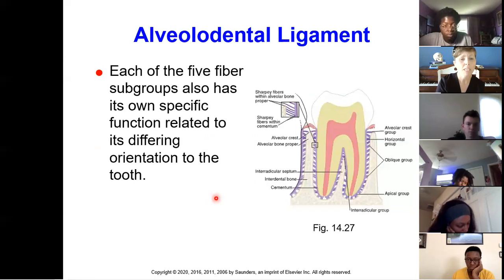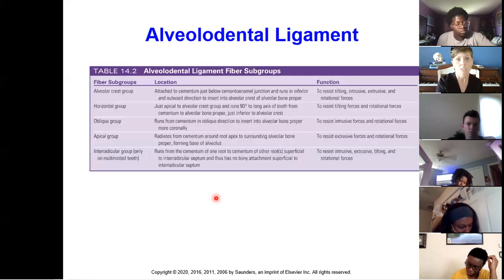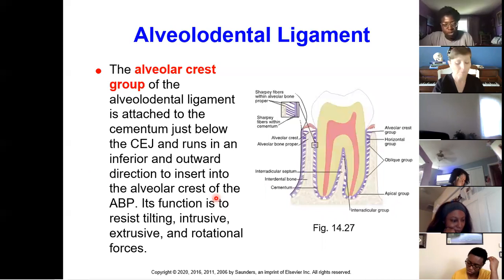Each of the five fiber subgroups also has its own specific function related to the differing orientation of the tooth. This is on page 193. So we have our alveolar crest group.